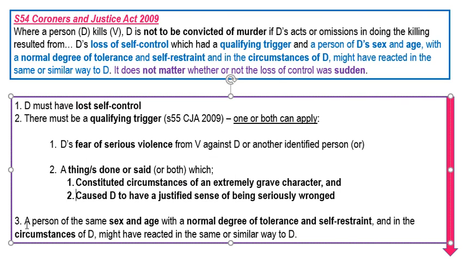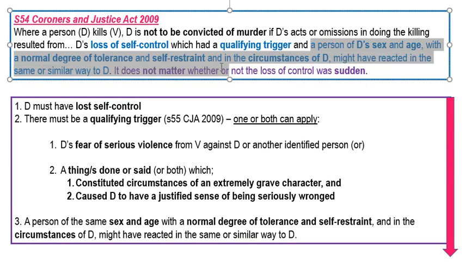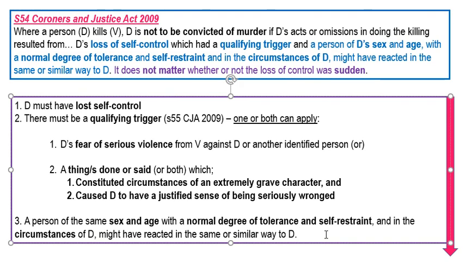And then the last AO1 point that you need to deal with, which is in the statute here, and obviously number 3 at the bottom, is that a person of the same sex and age with a normal degree of tolerance and self-restraint, and in the circumstances of D, might have reacted in the same or similar way.